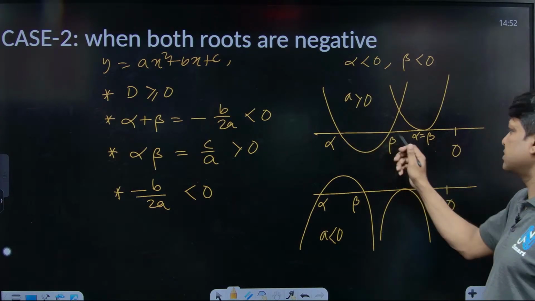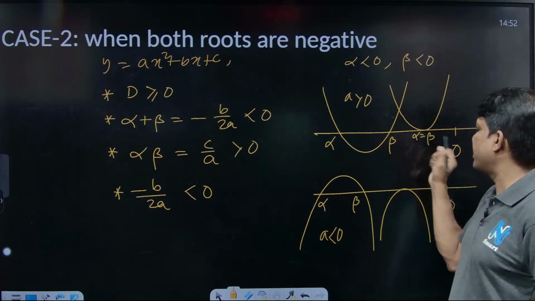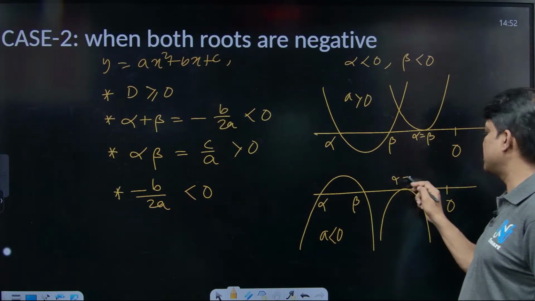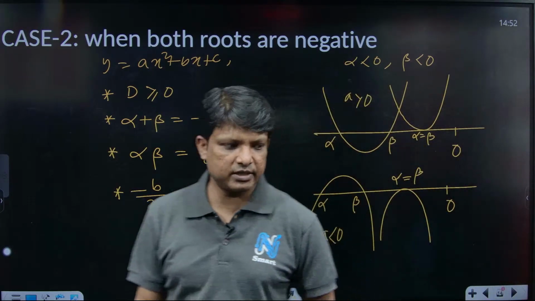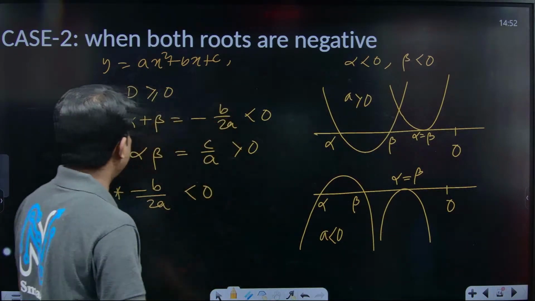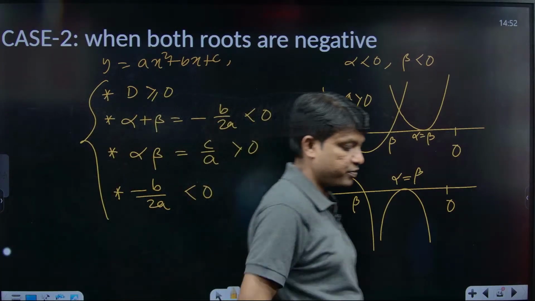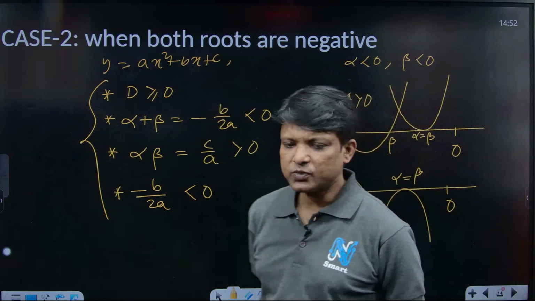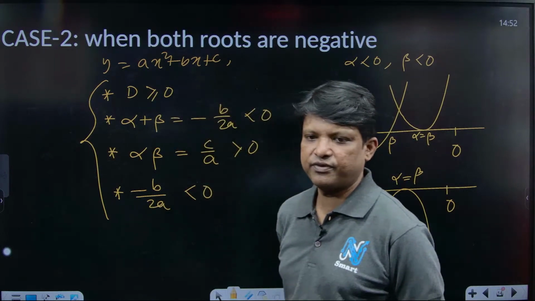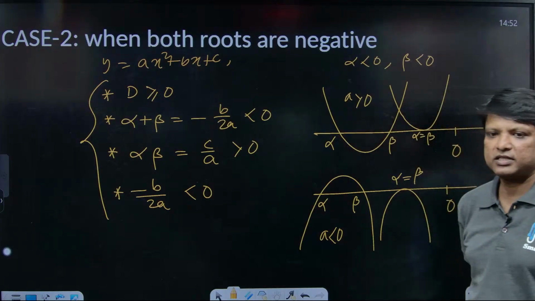Either it intersects at two distinct real points when the discriminant is strictly positive, or when alpha equals beta there are equal real roots, and in that case both roots are equal but negative, less than 0. We have to analyze these 4 conditions to find the parameter for which the quadratic expression has both roots negative real roots. Clear? Understood?